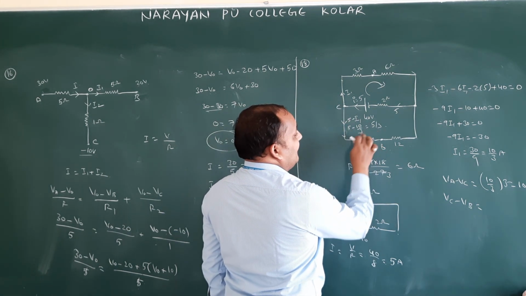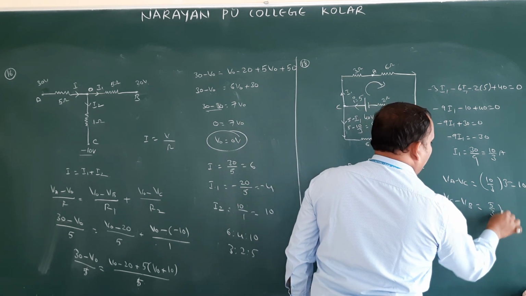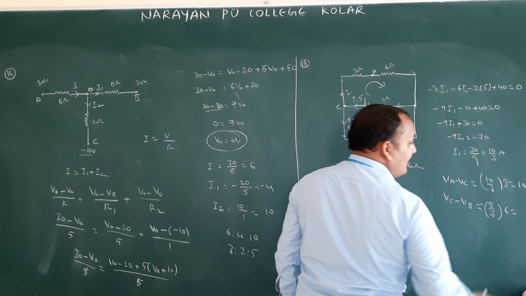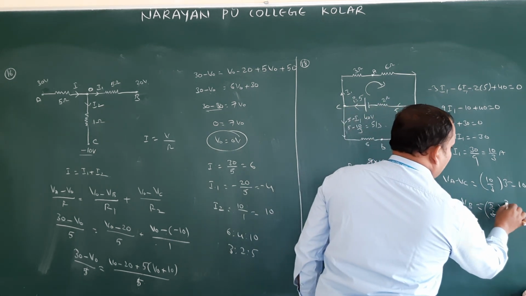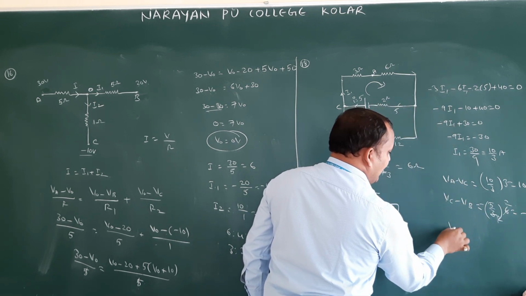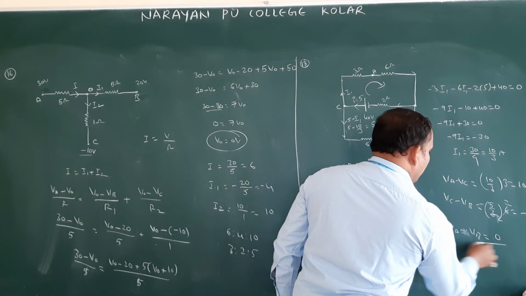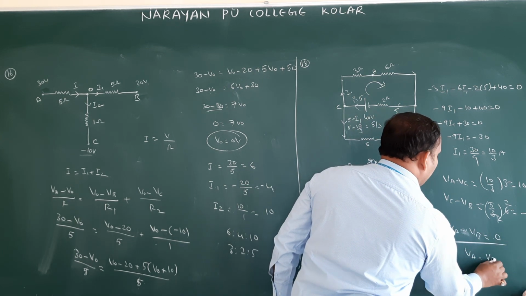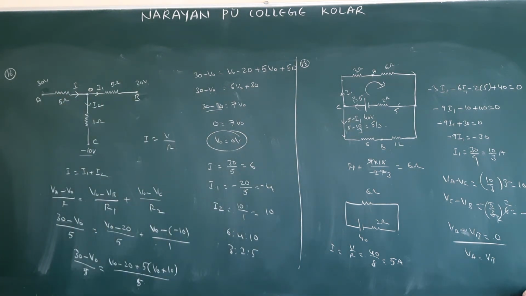Here current value how much? 5 by 3 into 6. This value is going to become negative. How much will you get? Minus 10. If you add these two, VC will be cancelled, and VA minus VB is equal to 0. And VA is equal to VB. Therefore, VA equal to VB, I is equal to 5 amperes. So option 1 is correct. Okay.